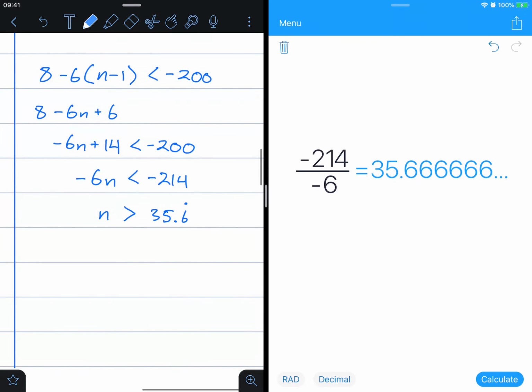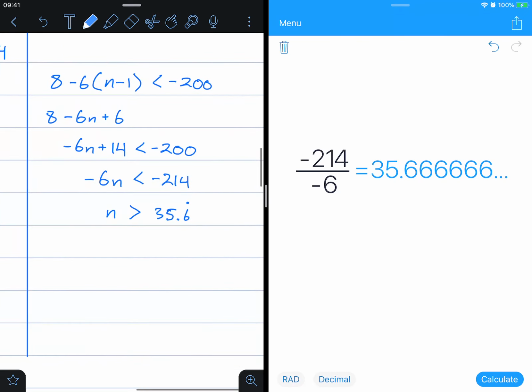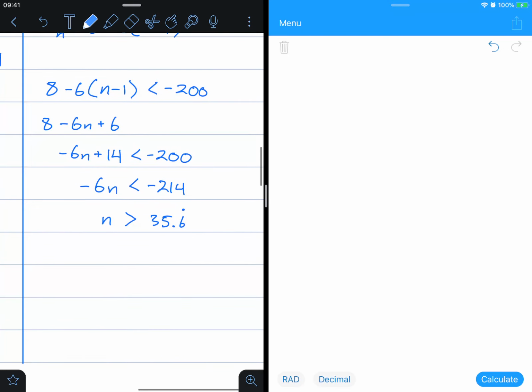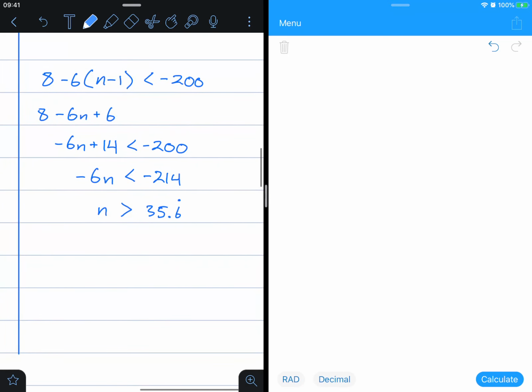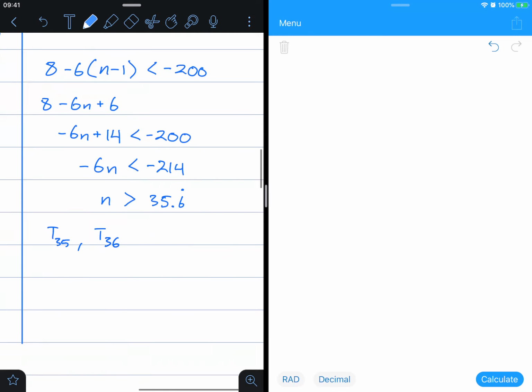So any number greater than 35.6 will give us a number less than negative 200. But when it comes to series, we can't have terms in between. So because there is the 35th term and the 36th term, we can't have any in between. So the number greater than 35.6 must be the 36th term.